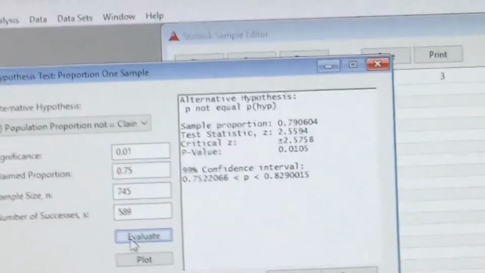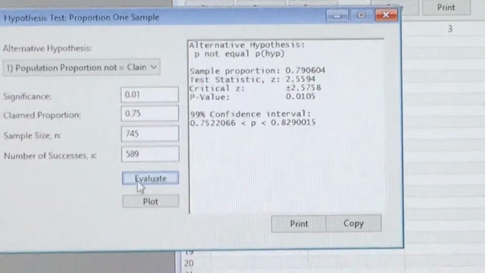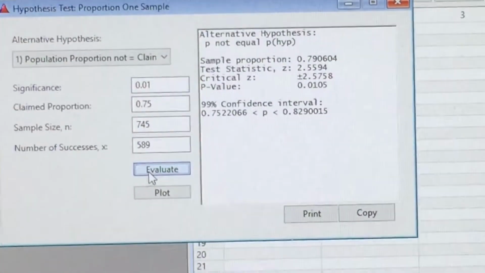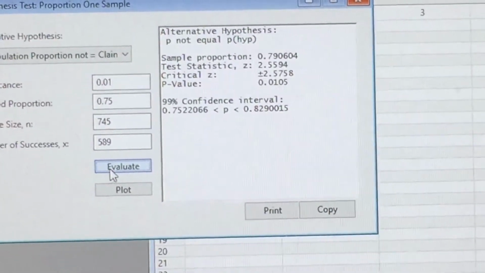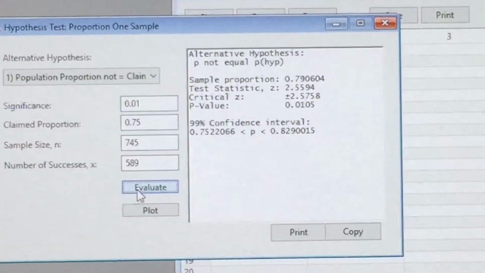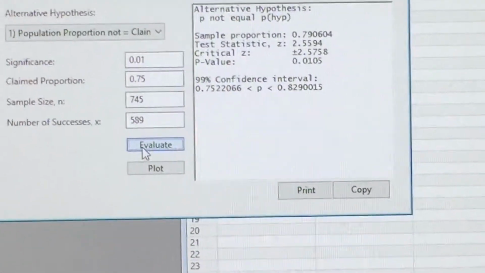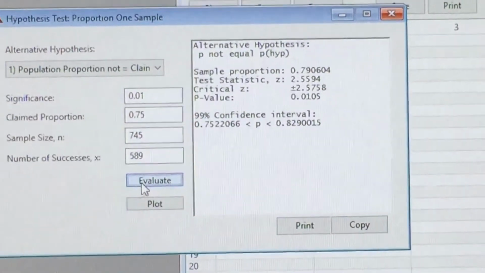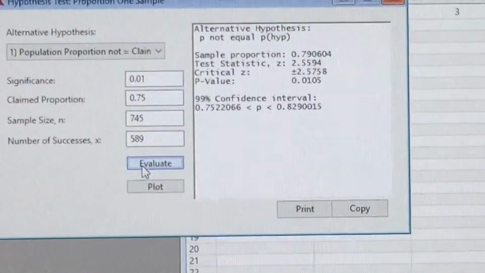Okay. So here it gives you the alternative hypothesis where P is not equal to your hypothesized value. And then they give you the test statistic. Also, they give you the sample proportion above that. They took 589, divided that by 745 to get 0.790604.